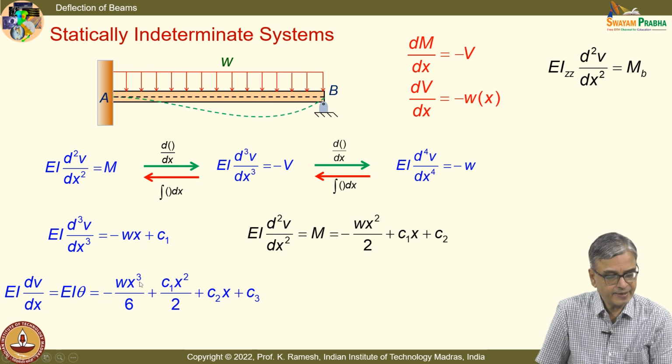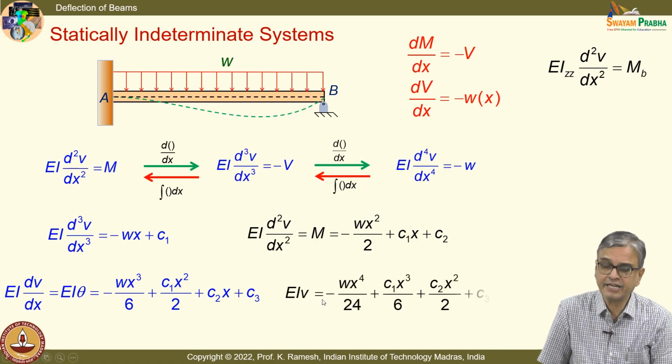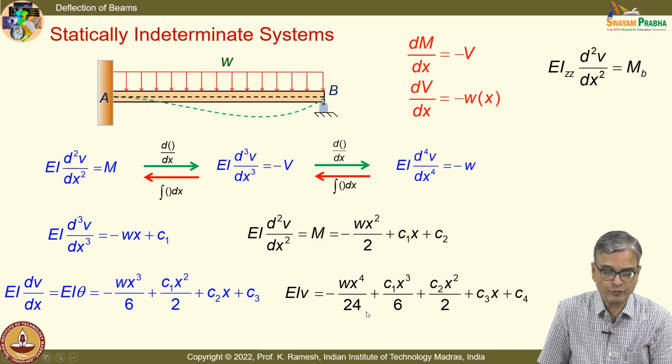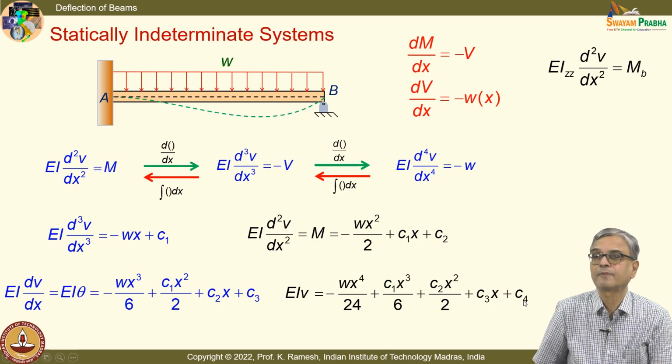I get this as minus Wx cube by 6 plus C1x squared by 2 plus C2x plus C3. And I have EIV equal to minus Wx power 4 divided by 24 plus C1x cube by 6 plus C2x squared by 2 plus C3x plus C4.